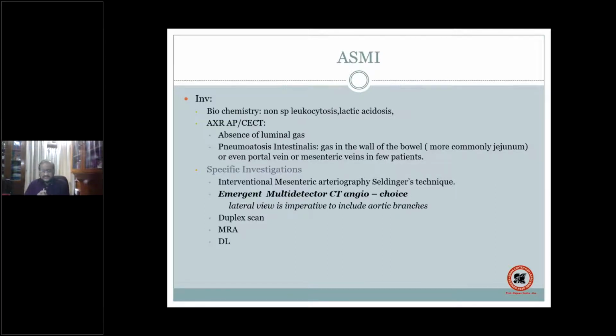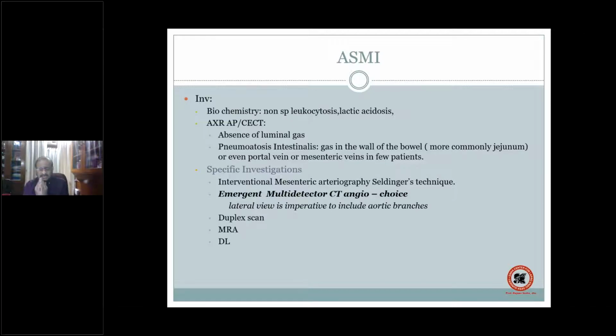What could be specific as far as a plain skiagram of the abdomen or a CT scan of the abdomen is concerned is, number one, an absence of luminal gas, and number two, what is known as pneumatosis intestinalis, which is gas in the wall of the bowel, more commonly seen in the jejunum.